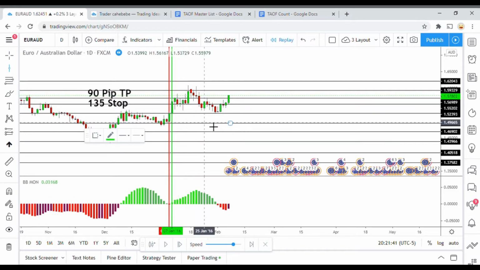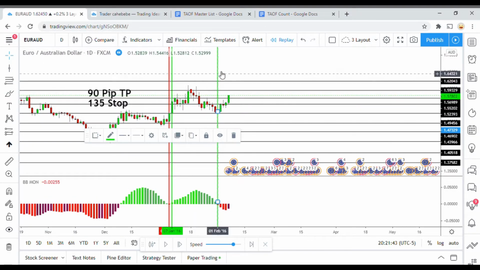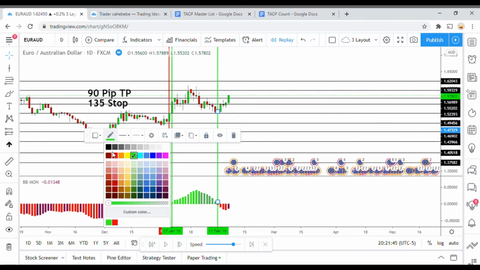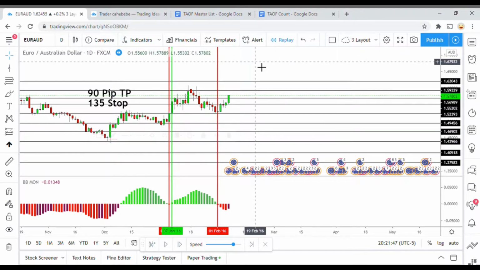I mean, it was kind of a setup, but definitely not one that was so blatantly clear that that would have been a definite trade for sure.